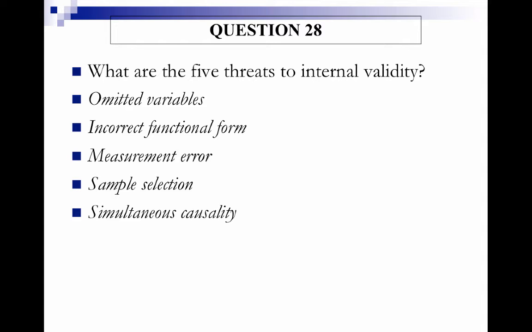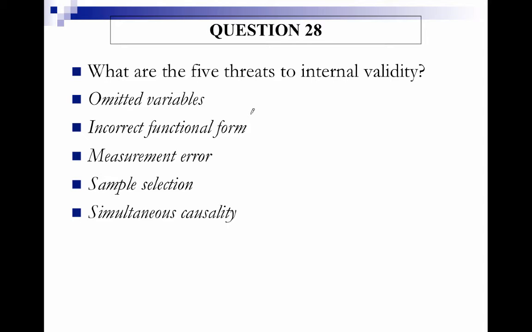Second one is incorrect functional form. With an incorrect functional form, you could be modeling something, for example, linearly. As we talked about in class, if we're looking at hours of practice as the independent variable and a score as the dependent variable, you would want to model that quadratically, because that tends to increase at a decreasing rate.